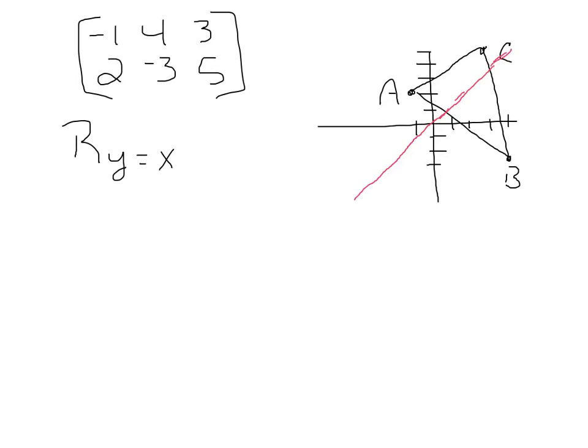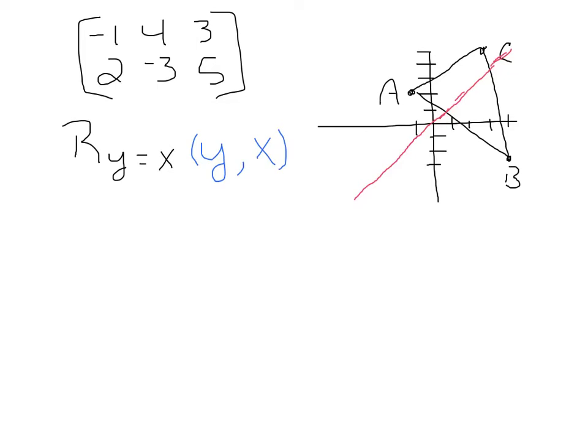All right, the rule for the reflection over the y equals x line is y, comma, x. Let me try that again. Y, comma, x. There we go. So what this rule is telling me is that I am switching the order. Instead of x comma y, I'm getting y comma x.